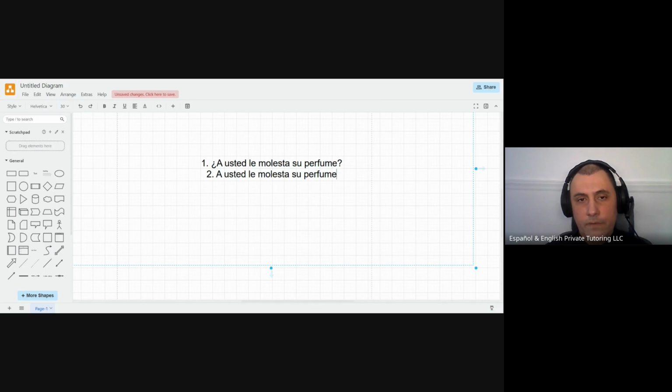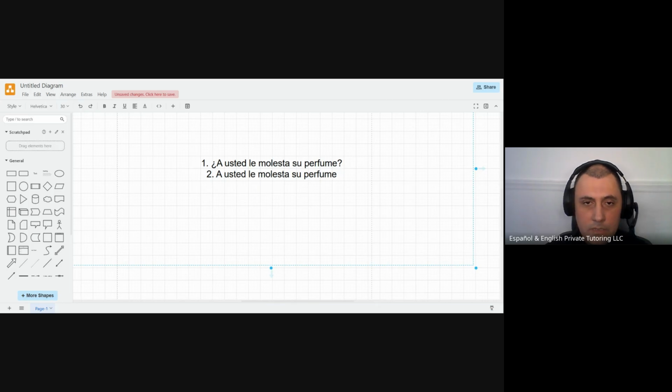As you can see, the first one is a question. The second one is an affirmation. The first one in English is, does her perfume bother you? The second one, her perfume bothers you. It's an affirmation.